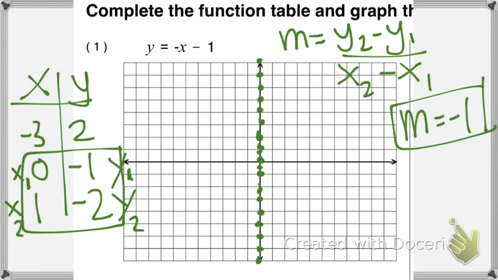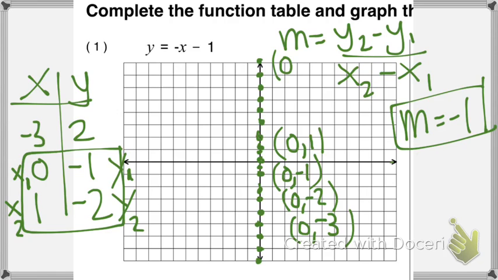But if you were to go through and name all of these points, so for instance, I got 0, -1, I got 0, -2, 0, -3. I don't have room to write them next to it, but I got 0, 1. Up here I got 0, 8. So what happens here is all of these x numbers, anywhere where it's going to cross the y-axis, the x is going to be 0.